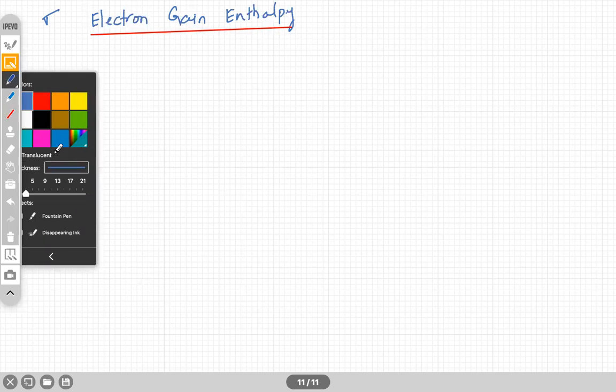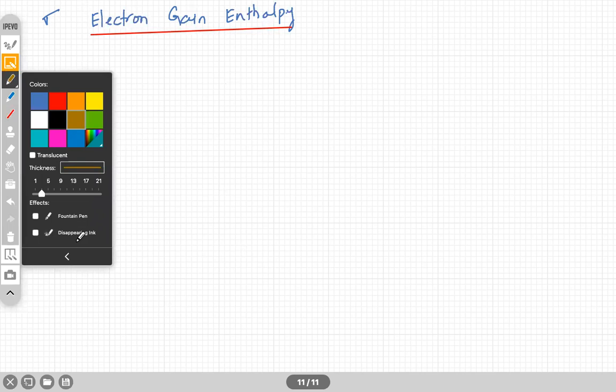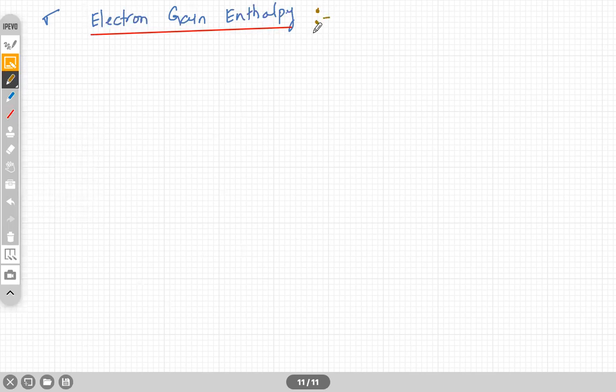There is one more term here, that is electron affinity. Electron gain enthalpy and electron affinity. Both are different. There is a basic difference between the two, but they are not the same. First of all, you understand that. I'll discuss what the small difference is. Write down first of all the definition of it. The electron gain enthalpy: write down, when an electron is added, I'll write down here just a second.